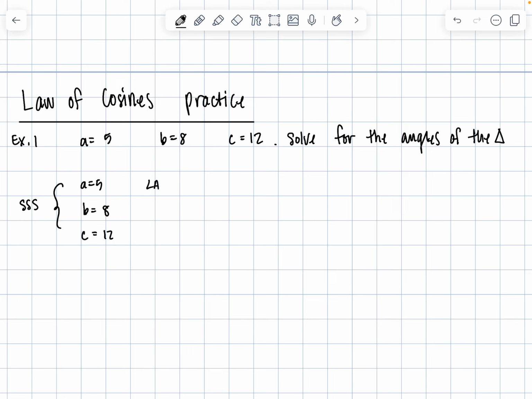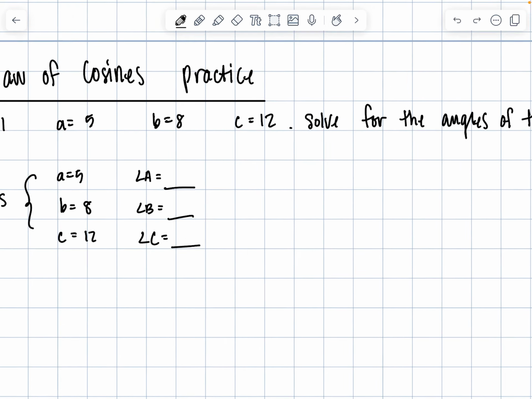So I'm going to say angle A is equal to, angle B is equal to, and angle C is equal to. Now, in this particular problem, we're going to solve for all of the angles, and we could use pretty much any iteration of the law of cosines that we want to, because if we're working with the a squared version of it, angle A is involved. If we're working the B version of it, angle B is involved, and C with C. So let's start with A, okay?